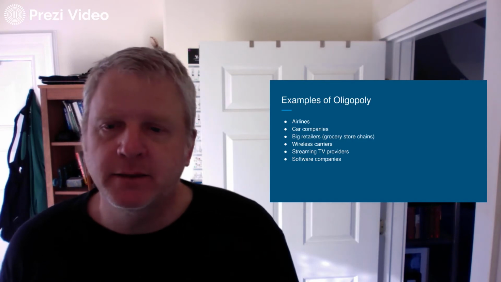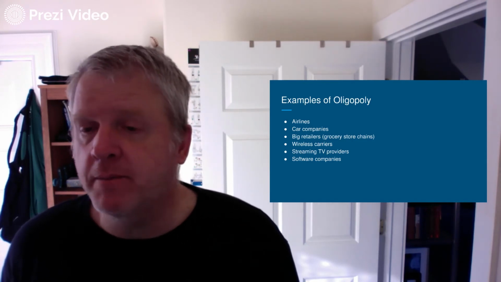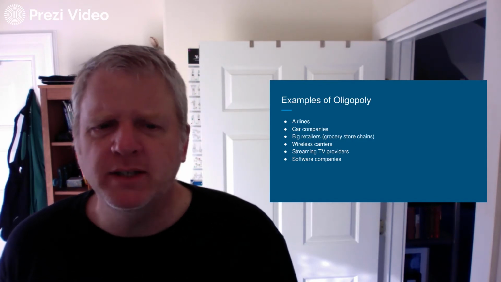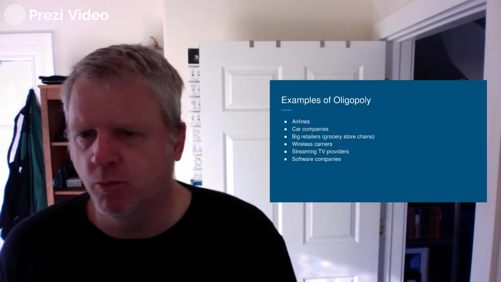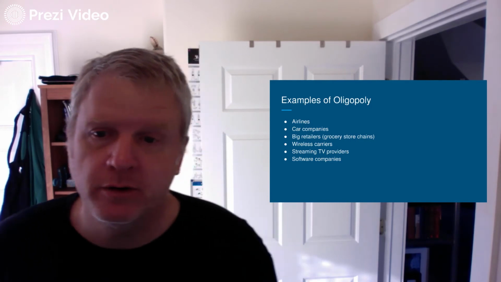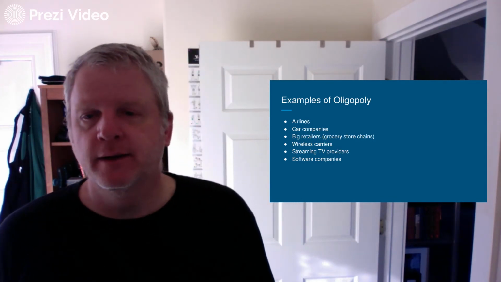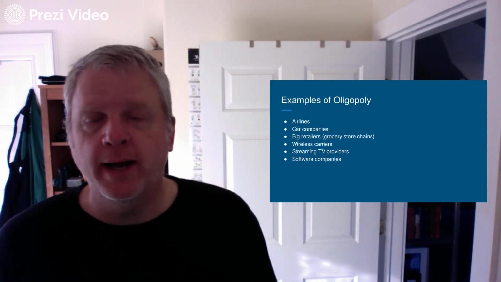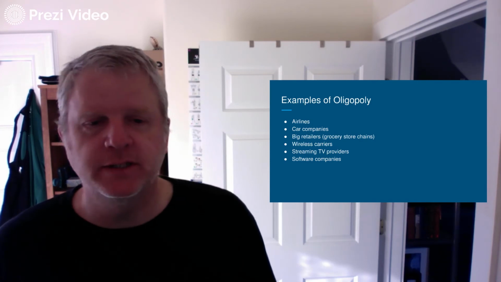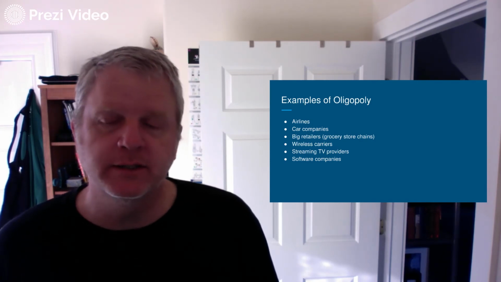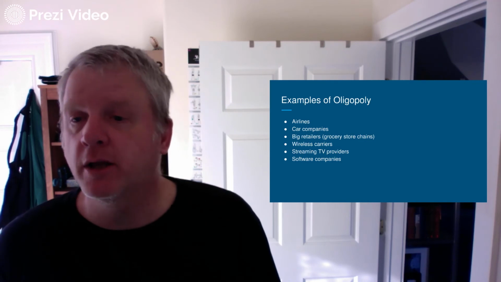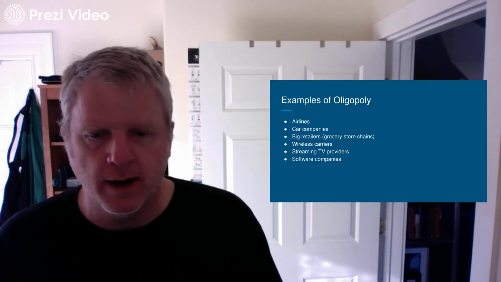Again, in that case, the product is quite differentiated, but they're all TV programs. But we watch the TV programs we want to watch, not just whatever's on. So they're differentiated for sure. Software companies, right? Mac OS, Windows, Chrome OS, Linux, all these different software providers. They all exist in an oligopoly, or a market type we would call an oligopoly.